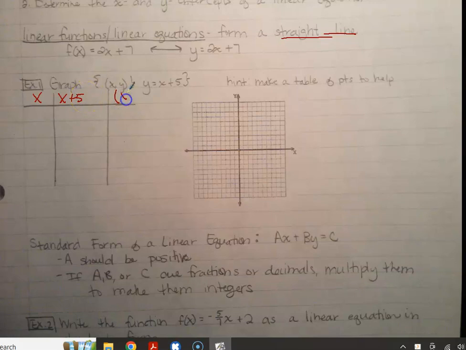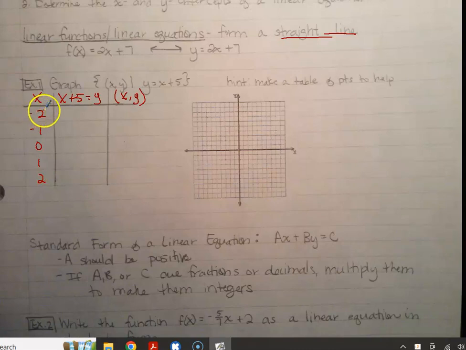And then we're going to put our ordered pairs here. And so we could put equals y. The hint says make a table of points to help. Those standard ones that we typically use are -2, -1, 0, 1, and 2. Again, you don't have to, but that's what we're going to use today.